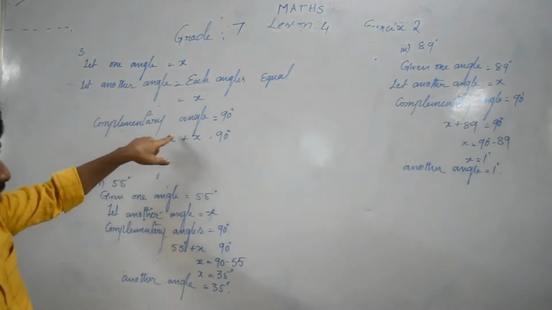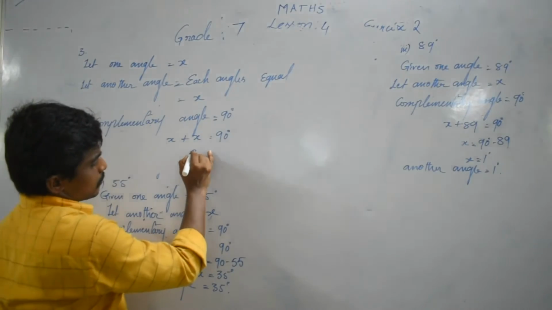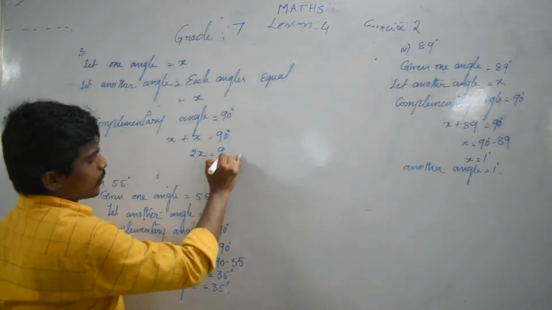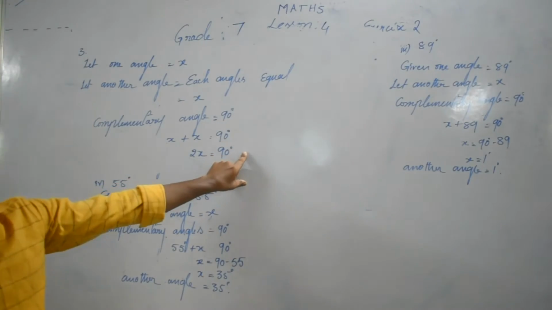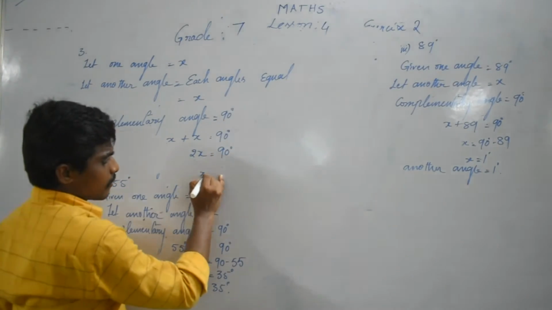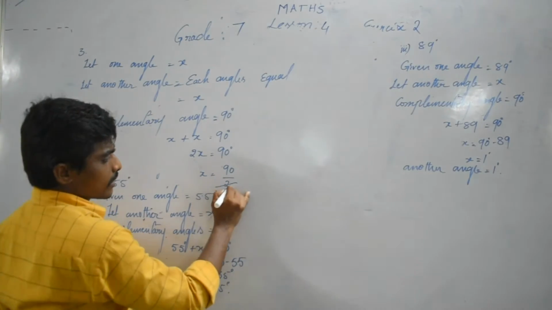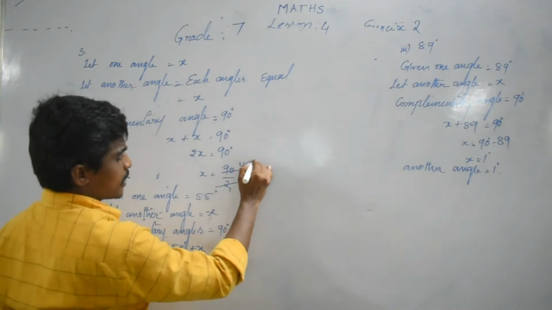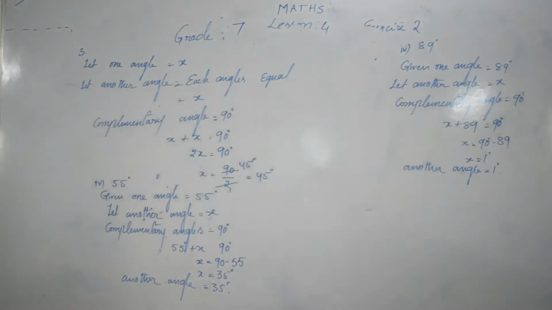Now x plus x, what is the value? 2x. 2x equals 90 degrees. Moving 2 to the RHS, x equals 90 by 2. 2 times 45 is 90, so x is 45.